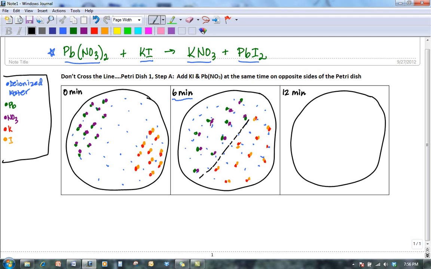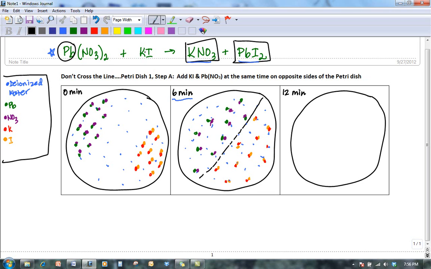something interesting happens in our chemical reaction. Notice that products begin to form, namely potassium nitrate and lead iodide. This is called a double replacement reaction. And what actually occurred is that the lead and the potassium switched places.